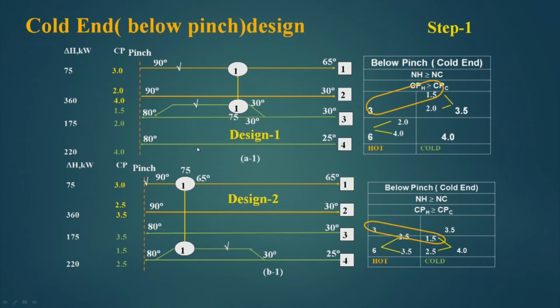So, if I split it in such a way that delta H of this stream is 75, then I can directly match this stream with this stream at once and I can tick off this.